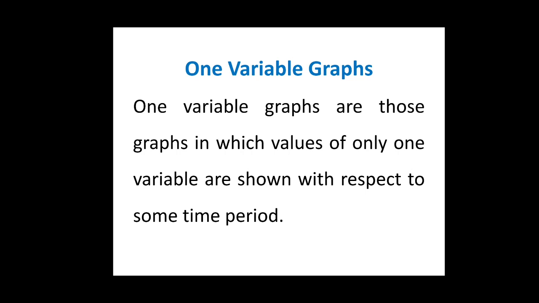Dear students, one variable graphs are those graphs in which values of only one variable are shown with respect to some time period. Or we can say, when only one variable is to be presented with respect to some time period on a graph paper, then one variable graphs are used.